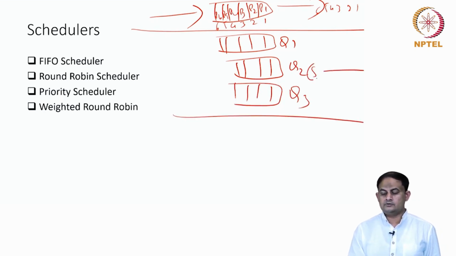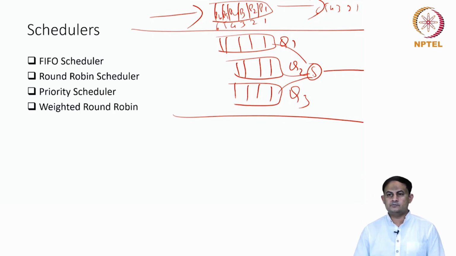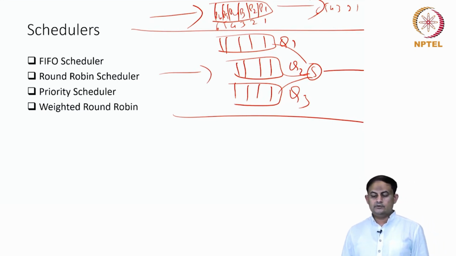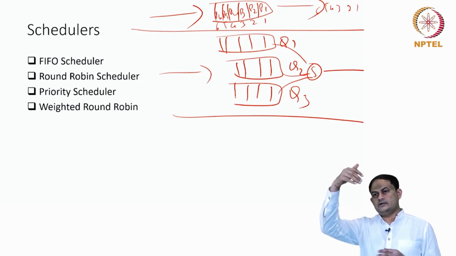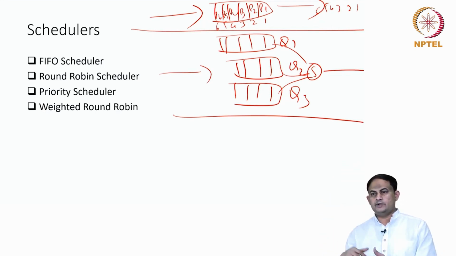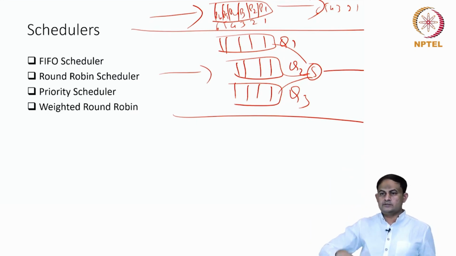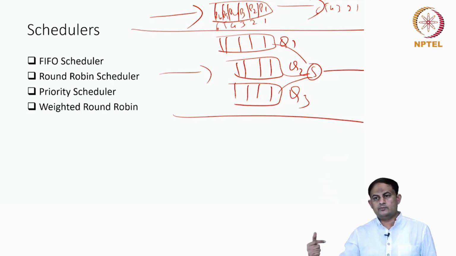The scheduler sitting here is picking packets from this queue, this queue and this queue, and the incoming packets are put inside Q1, Q2, Q3. I can tell my scheduler to pick up one packet from Q1, one packet from Q2, and one packet from Q3, and you go in order, you recycle. Every time you pick up one packet from Q1, you pick up the next from Q2, and so forth.